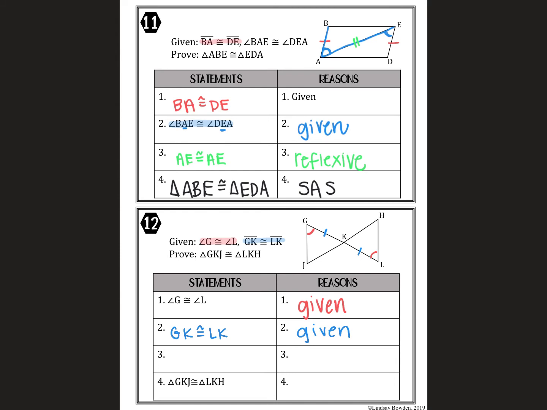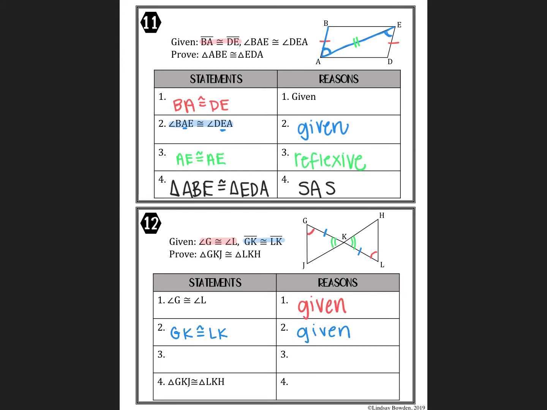I'm out of givens, so I'm either looking for vertical angles or a line they both share, and in this one I have vertical angles. Since this is my second angle, I'm double marking it. Then we have to name these.